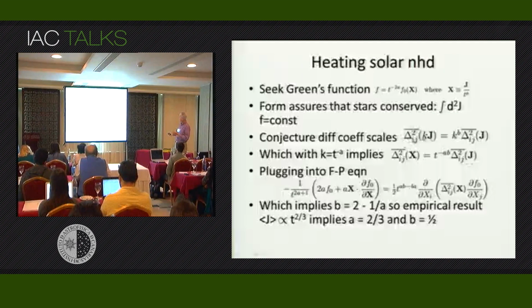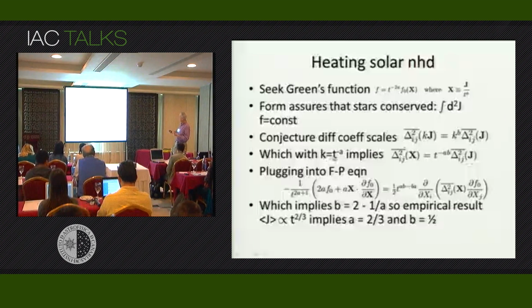Okay. So now let's suppose the diffusion coefficients scale. What I'm trying to find out is how these diffusion coefficients depend on the radial action. So let's consider the diffusion coefficient at k times the radial action. I'm going to increase both JR and JZ by a factor k, and let's hypothesize that it scales as a power law. This is k to the b, and we're going to find out what b is, times the unscaled thing.